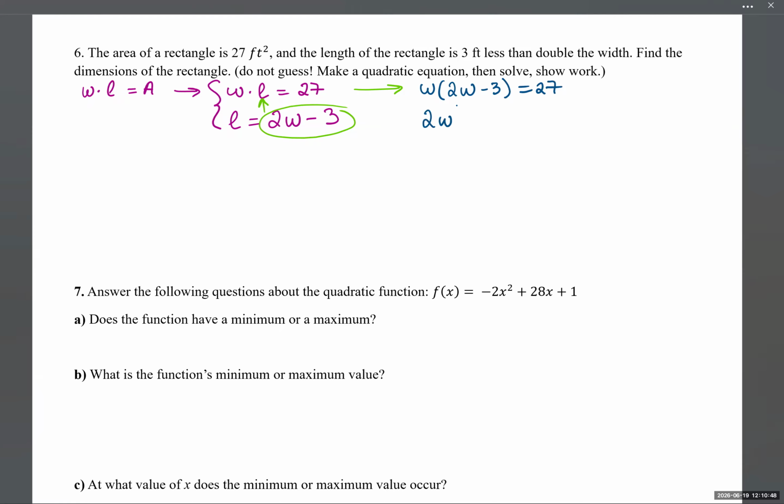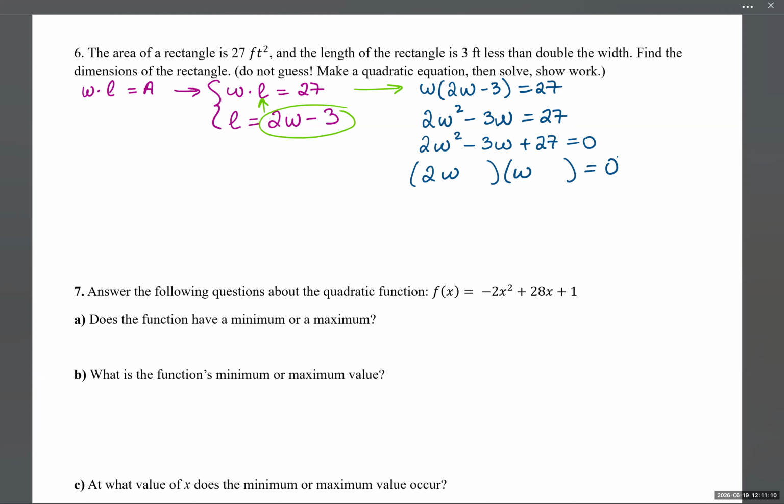So 2W squared minus 3W equals 27. It's a quadratic, so put it in standard form: 2W squared minus 3W minus 27 equals 0. I'm just going to use the guess and check technique here.